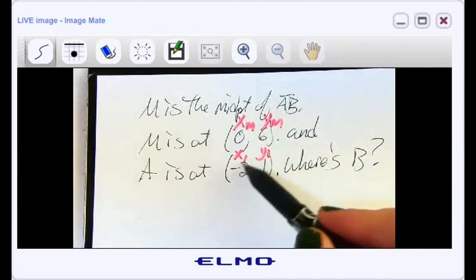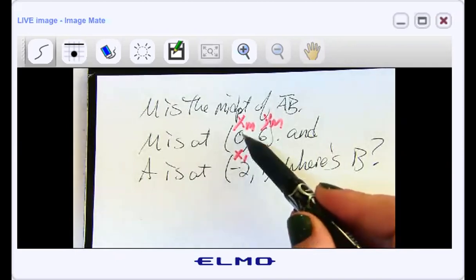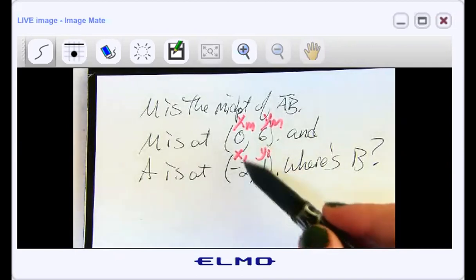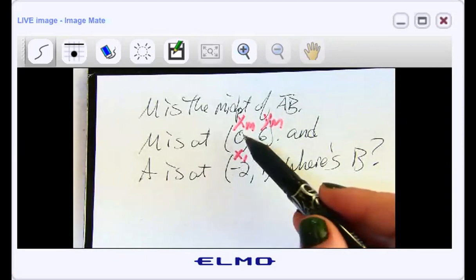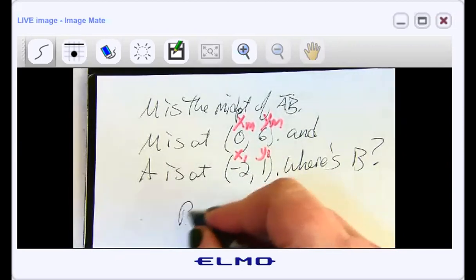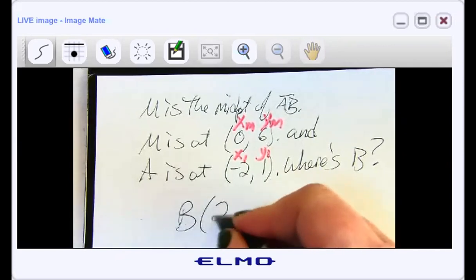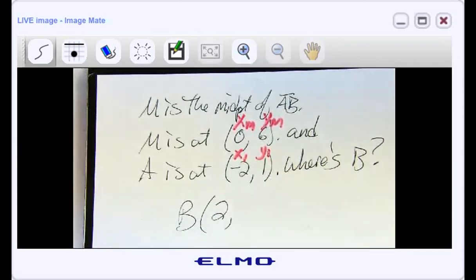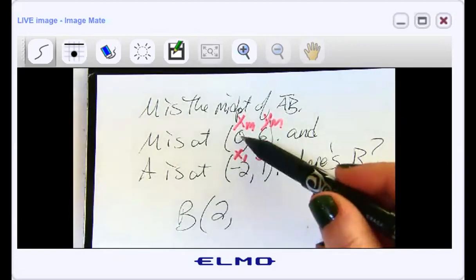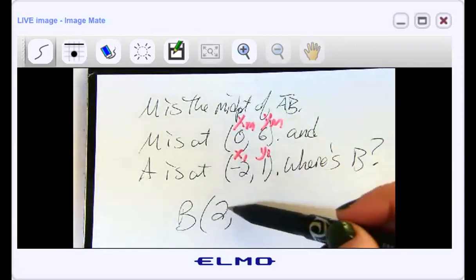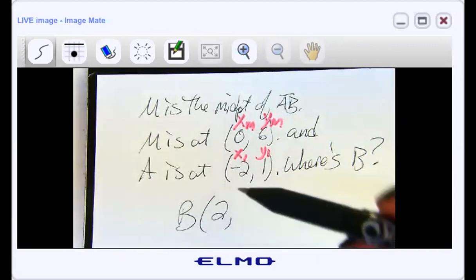In this case, I'm at -2 and I have to get up to 0. So to get from -2 up to 0, don't I add 2? So I need to add 2 again. So 0 plus 2 means that B is going to be at +2.